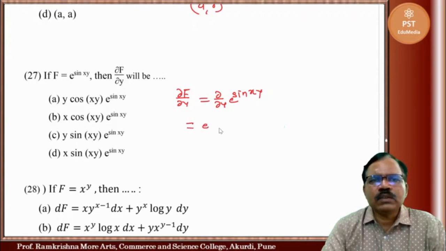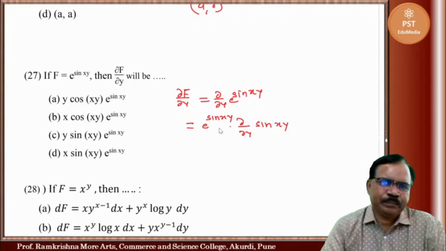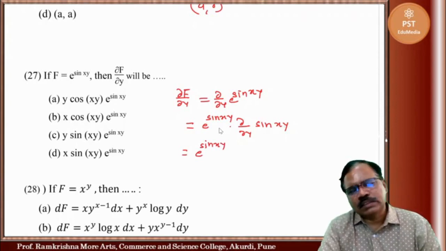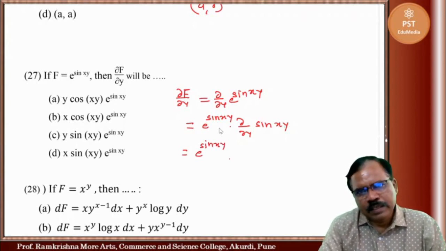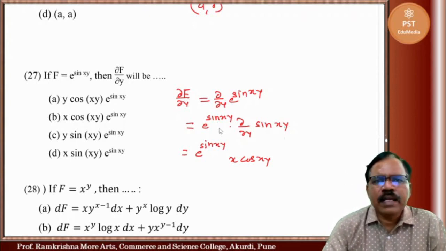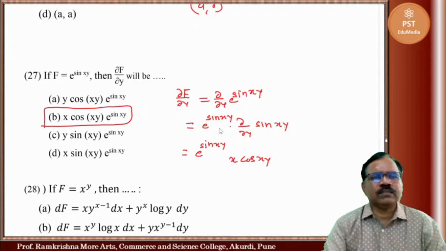So we'll get e raised to sin xy as it is, into the derivative of sin xy with respect to y. Now here x is constant, so you will get the derivative x into cos xy. So x cos xy into e raised to sin xy. This one is correct.